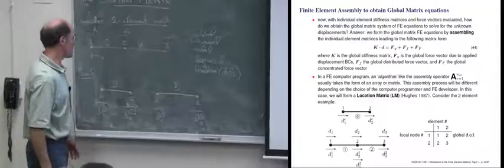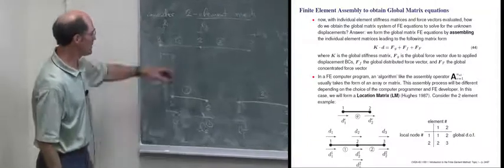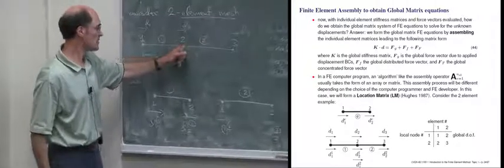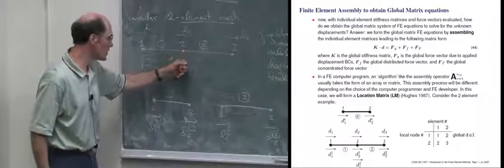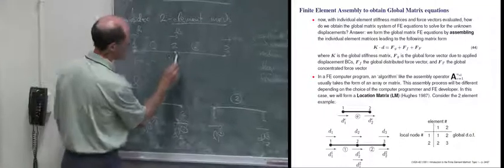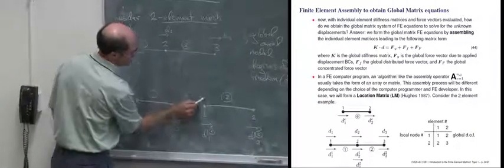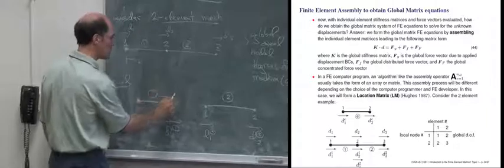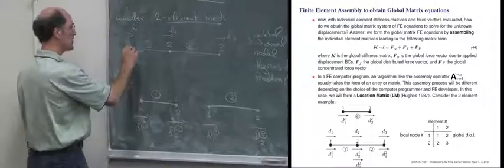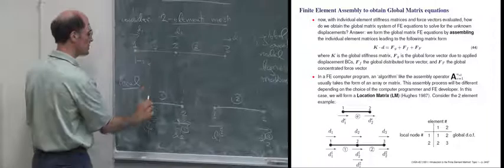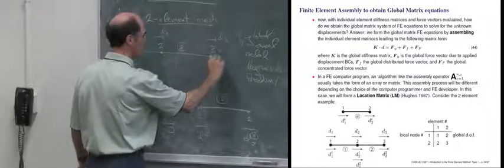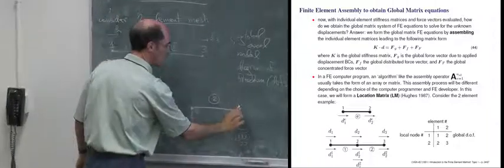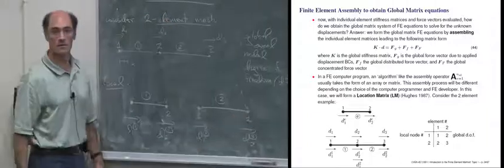Okay. So what you can see is that from this mesh here, so at this global node 2, this global node 2 corresponds to these 2 nodes right here. Okay? And this global node 1 corresponds to this node here, and this global node 3 corresponds to that node there.